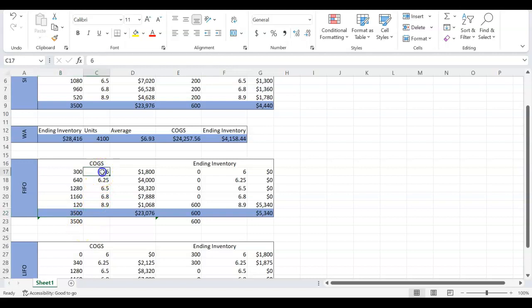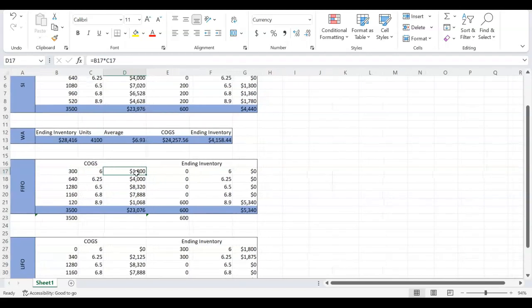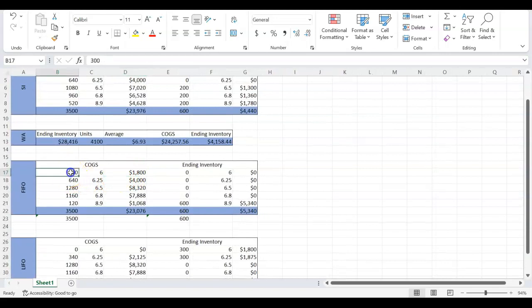And then we did put in our prices again, did the multiplication of this unit times that unit, and we got the cost of goods sold for each of these purchases, or each of these sales, I should say.